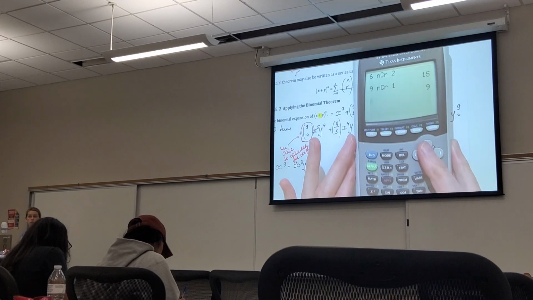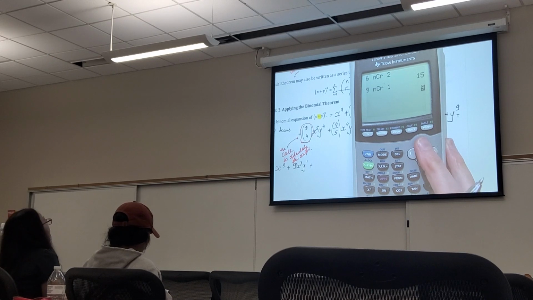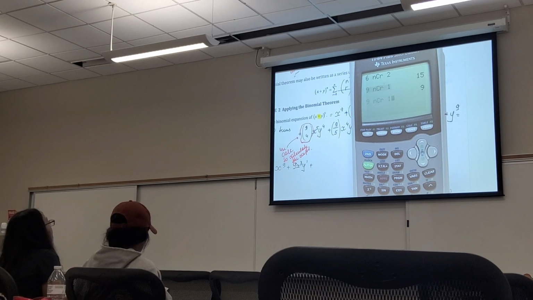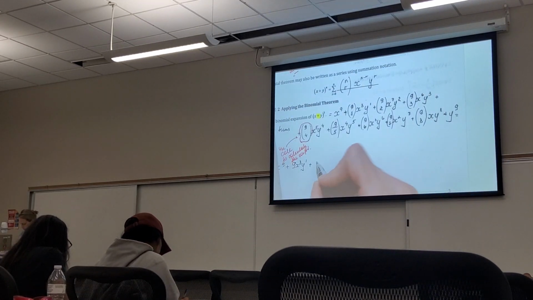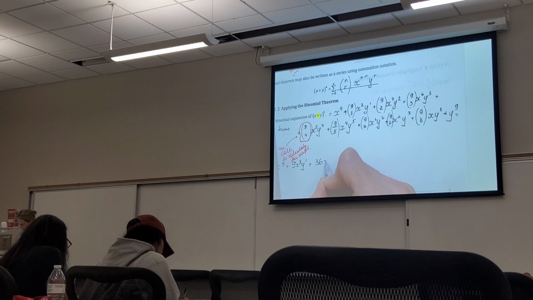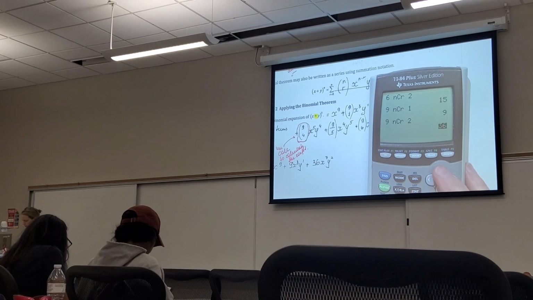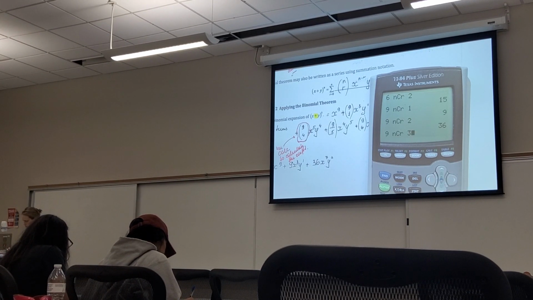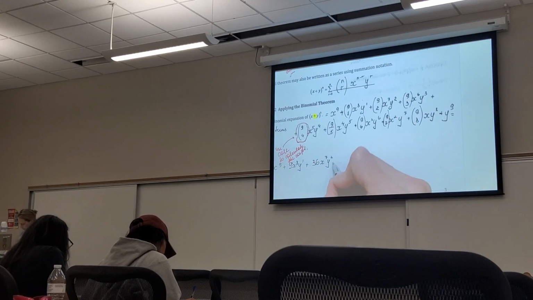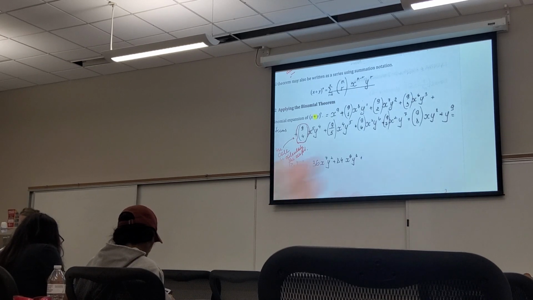So look what I'm going to do. If you have a calculator like mine, everyone pay attention. I will just go up, copy, paste, and change this to 2. Can you see? So I'm saving time. So next one needs to be 36, x to the 7th y squared. Moving up, copy, paste, change. 84, x to the 6th y cubed.